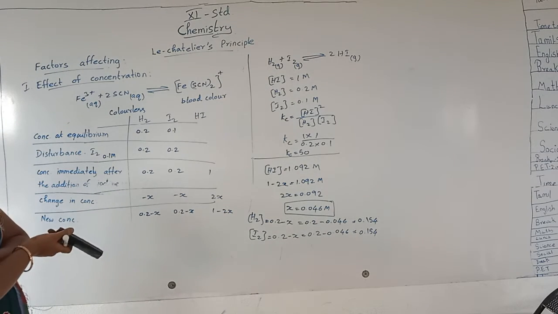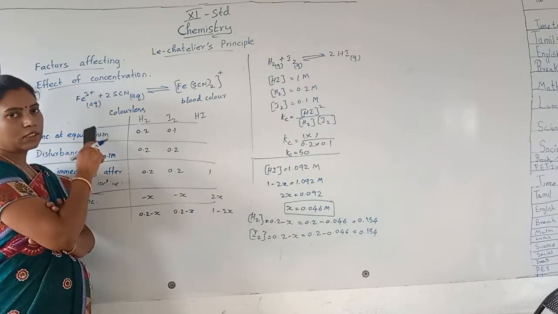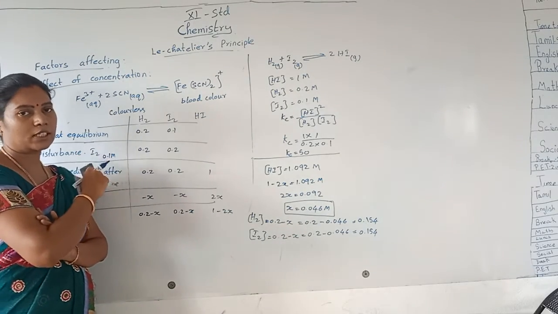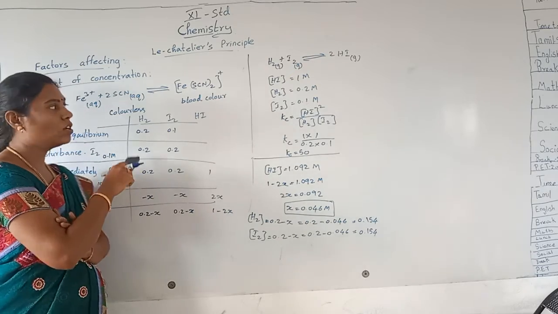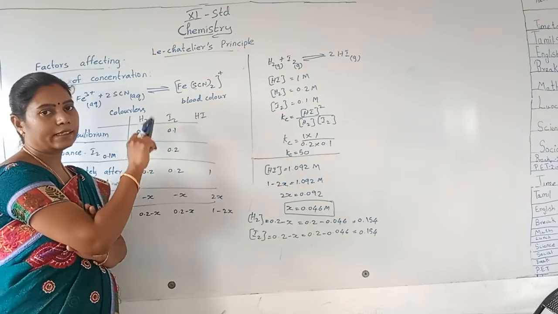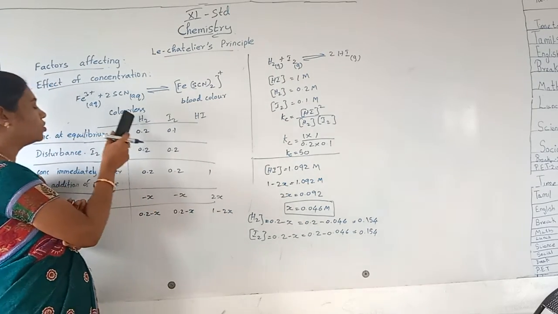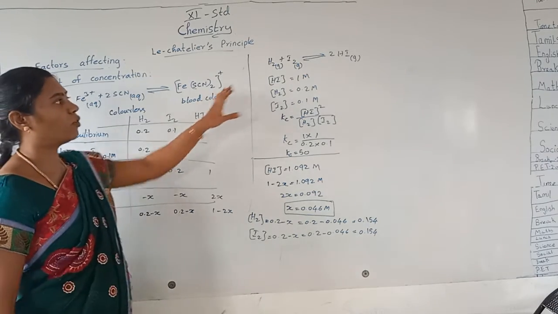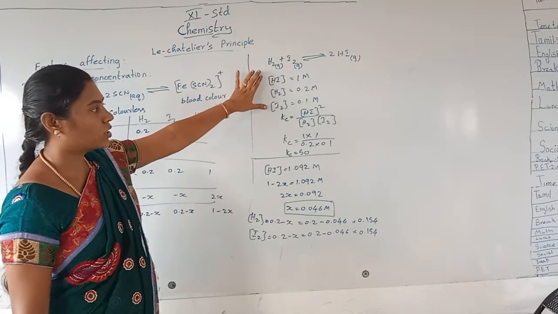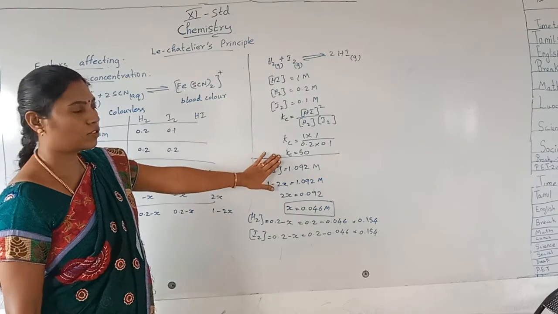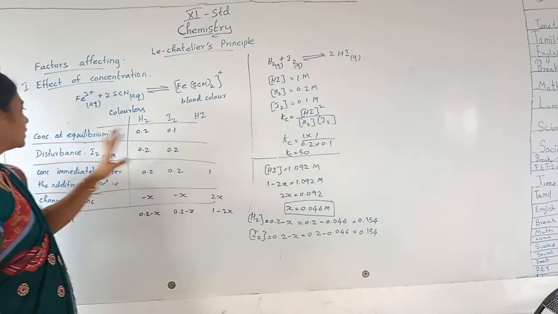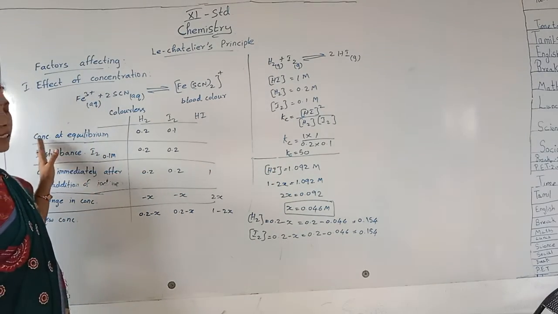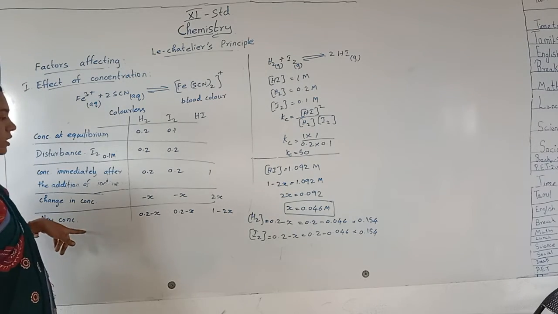So first, in the effect of concentration, a change in the reactant concentration increases the product and increases the color of the complex. So in this calculation, this is your given value, and this is your Kc value. In this formula, the concentration at equilibrium gives the new concentration.